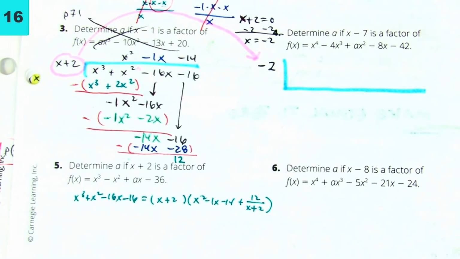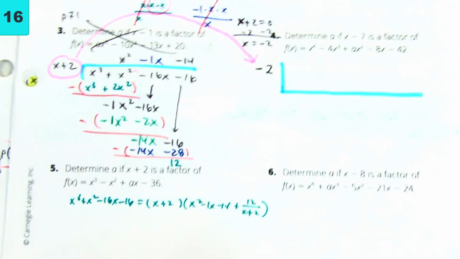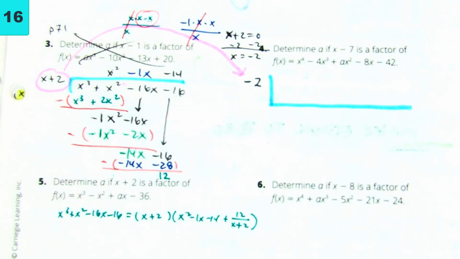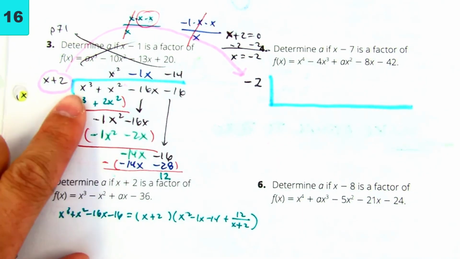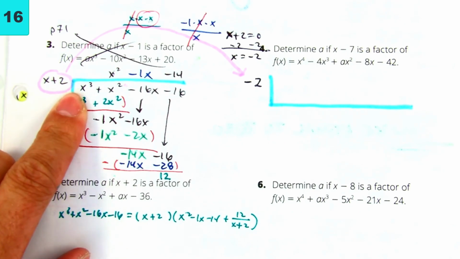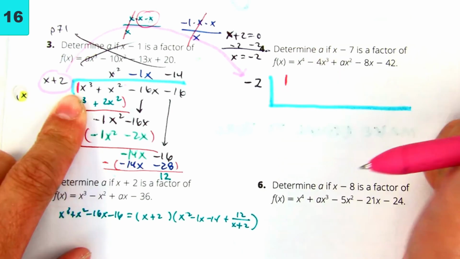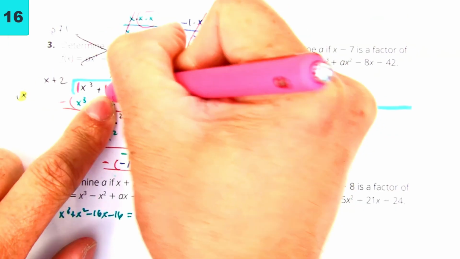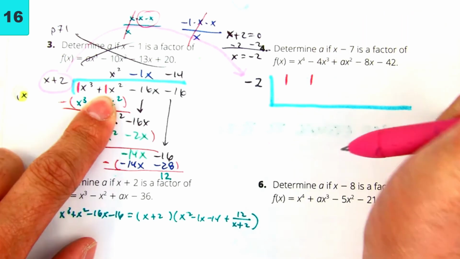Class, what's the next step? Coefficients. Okay, what are the coefficients? Let's see if I can highlight these in pink. Class, what number is in front of x to the third? So I'm going to write a 1 here. What number is there? This one?